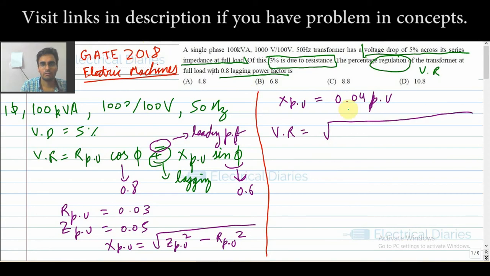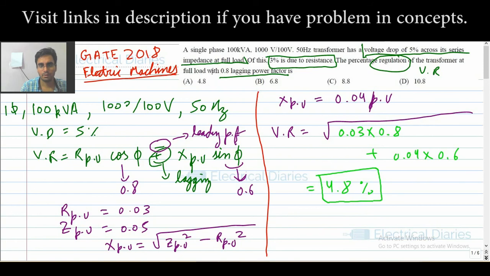So the voltage regulation formula will be R per unit cos phi, R per unit is 0.03, cos phi is 0.8, plus X per unit sin phi, plus because it is lagging, X per unit is 0.04 into 0.6. On solving this, you will get 4.8% voltage regulation. So 4.8 is the answer.